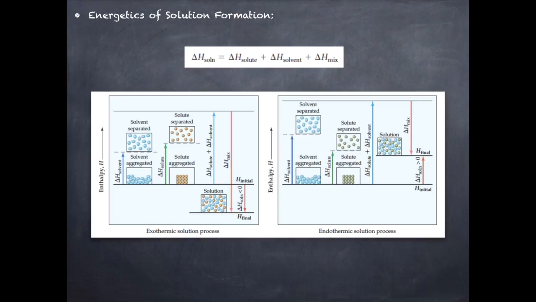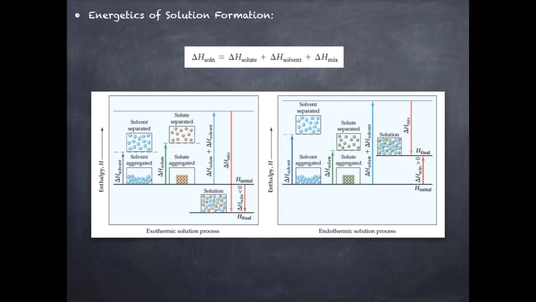So you can see that there, it's going to be endothermic, meaning that the enthalpy is positive. The solvent-solvent interactions must also be broken for the enthalpy of solvent, therefore it's also going to be positive and endothermic. And so the enthalpy of mixture, the solute-solvent interaction that forms, that is going to be negative. It's going to be exothermic.